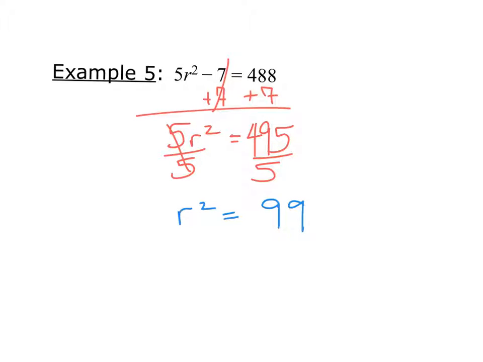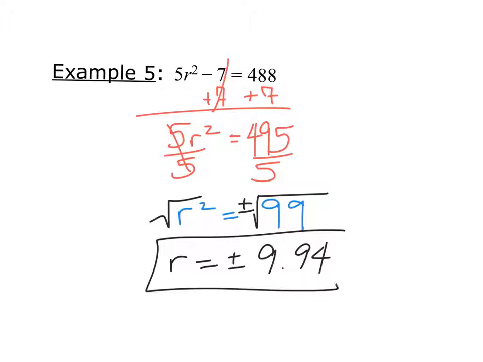And then what? Take the square root. So r equals plus or minus, what's the square root of 99? 9.94. Beautiful. And we could do the about there also, right? It's about 9.94 plus or minus. Control squared. Good question. The yellow control button? Yeah, I see it. There you go.